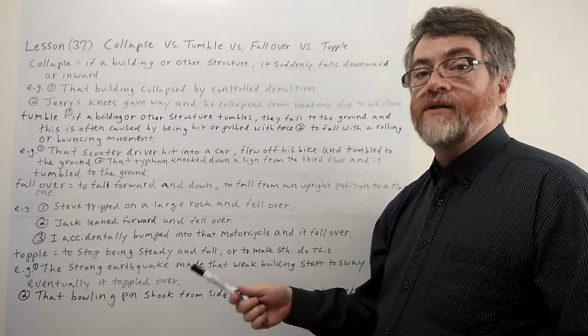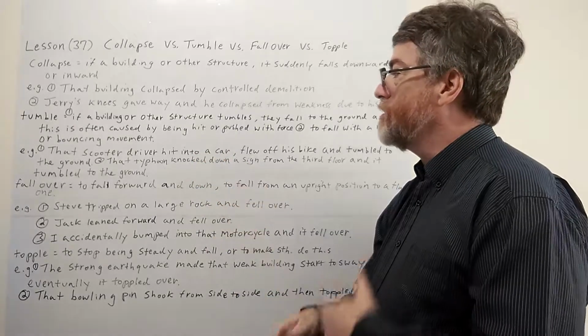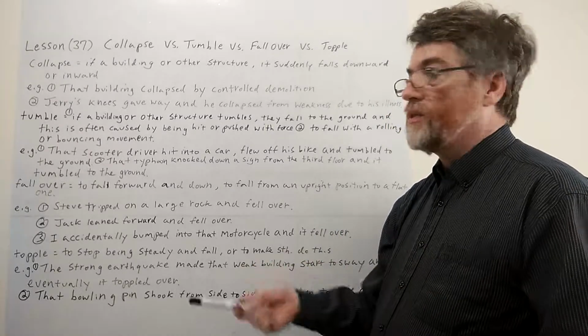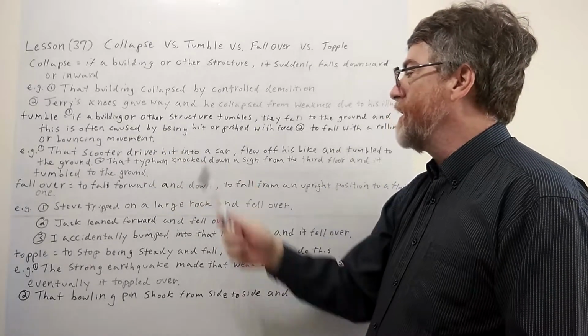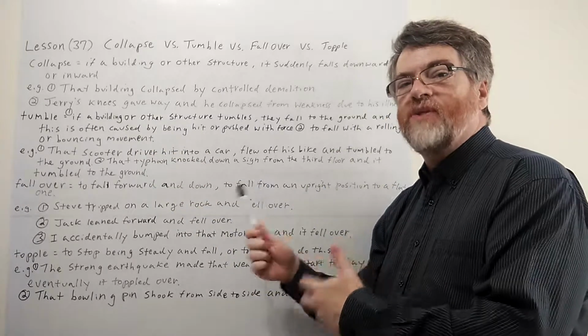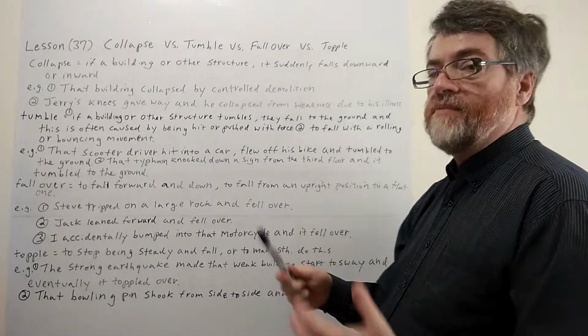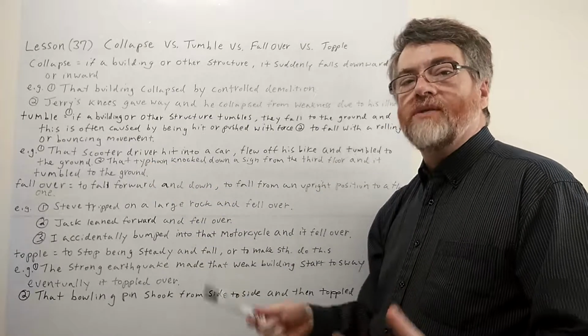Okay, let's take a look at tumble. If a building or other structure tumbles, or even a person or some other thing, they fall to the ground, and it's often caused by being hit or pushed with force. Because of that, we even have a second meaning to tumble: to fall with a rolling or bouncing movement.